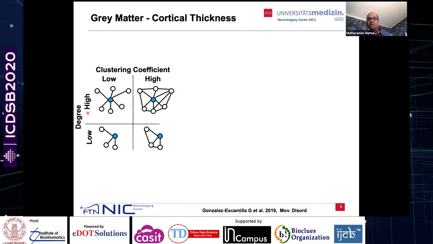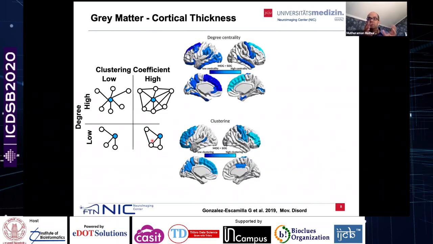In the same way as degree, low means less, high means higher degree. And we again look into these two groups and look at this degree and clustering and find regions which are significantly different. Again, colored here, they have low degree, and the CN color here, for example, has high centrality or high degree. The same is plotted for clustering.